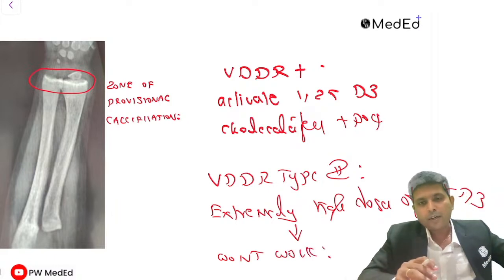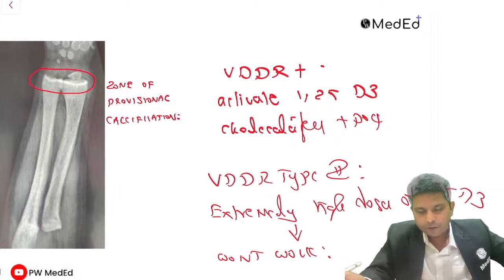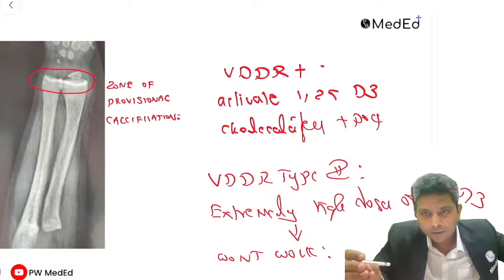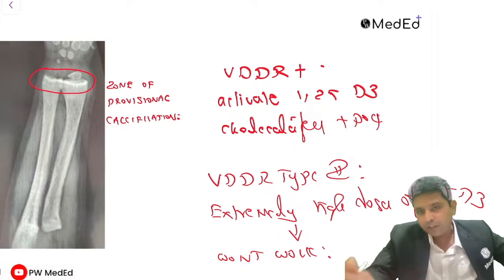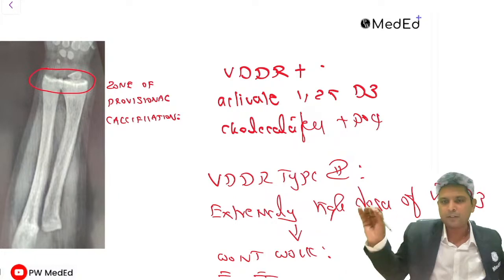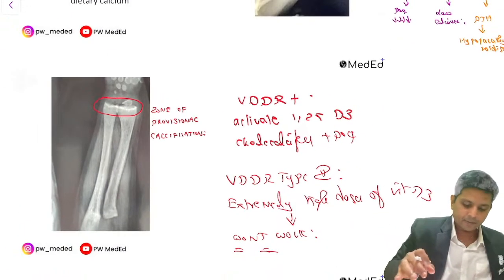So nutritional rickets occurs at 6 months to 1.5 years. Less than 6 months, if you see any case of rickets, invariably it is VDDR type 1 or 2, which won't respond. VDDR 1 may respond to physiological doses of activated vitamin D3, whereas VDDR type 2 won't respond, and it will be associated with alopecia. That's it.